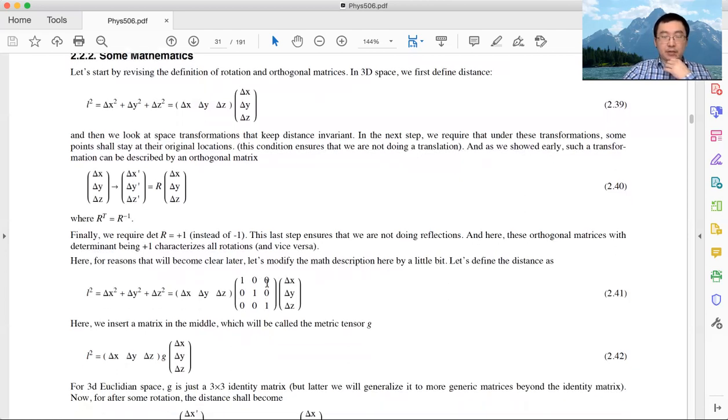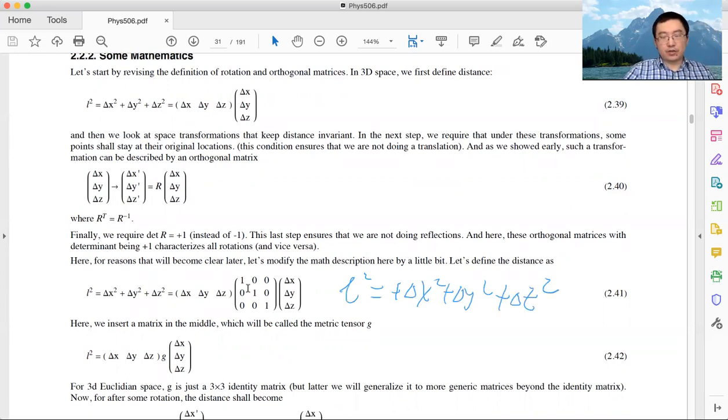Okay, and I will call this identity matrix G. This G is a so-called metric tensor, and the metric tensor tells us how we define distance. The 1, 1, 1 here means our distance L squared is defined as plus 1 delta x squared plus 1 delta y squared plus 1 delta z squared.